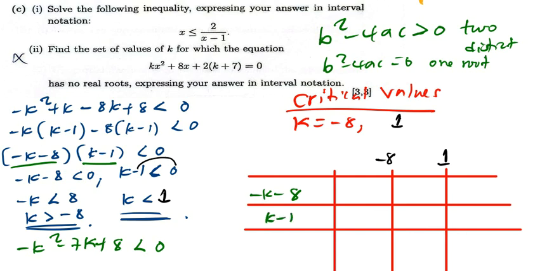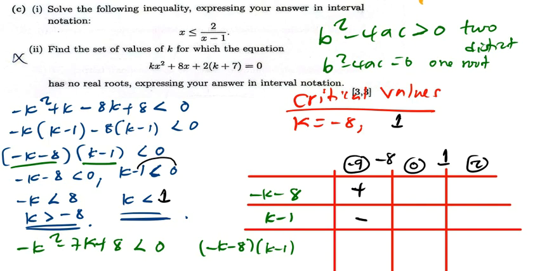So here you put everything like that. Let's now put in the values. Here get 0, here get 2, here get negative 9. If I plug in negative 9 here, it's going to be positive 9. Positive 9 minus 8 is positive 1. So I have positive. Negative 9 minus 1 is negative 10.